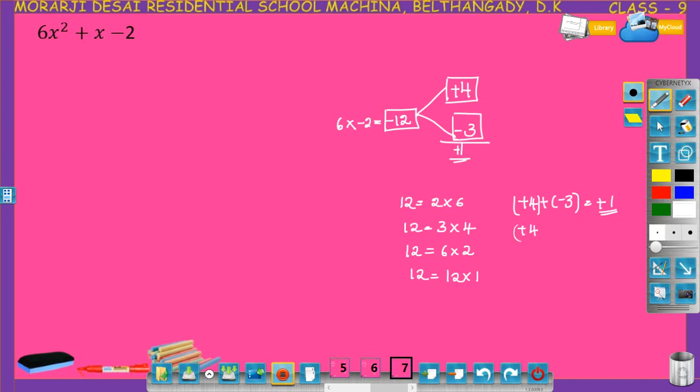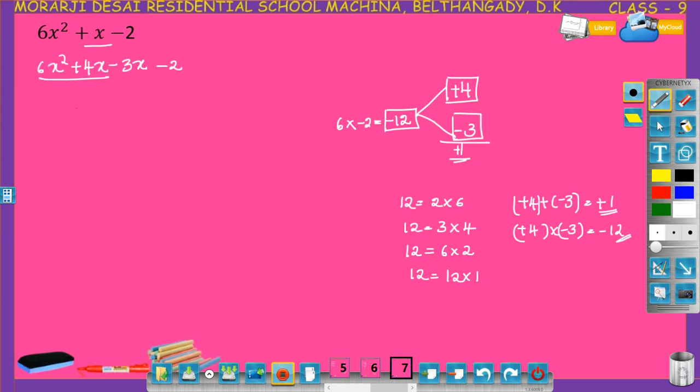So the two numbers are plus 4 and minus 3. So instead of plus 1x, you have to write plus 4x minus 3x. The last term same, minus 2. First term also same, 6x square.